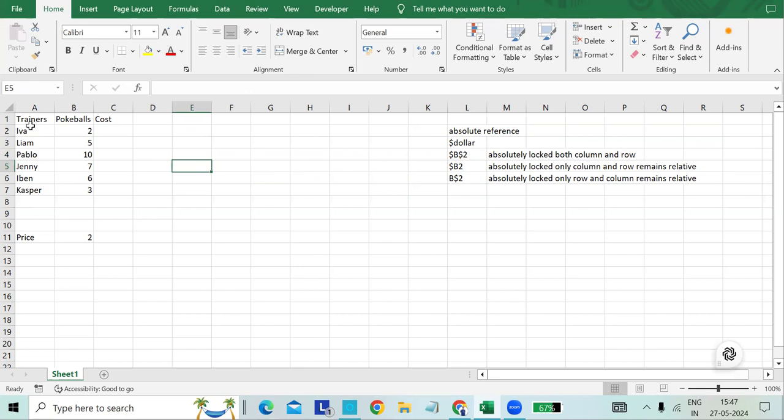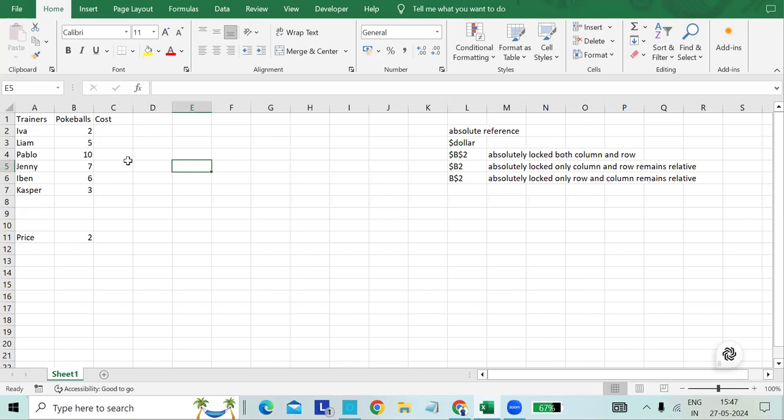Trainers, let's say Eva, Lem, Pavlo, Jenny, Ivan, Casper. These are trainers and poke balls. Each trainer has this number of poke balls. You have to identify the price of each poke ball.